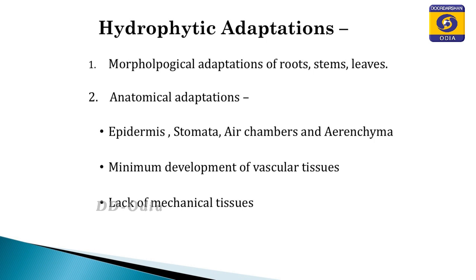We can divide hydrophytic adaptations into three major sections: morphological adaptations, anatomical adaptations or adaptations at the tissue level, and then physiological adaptation. In morphological adaptation, we shall see adaptations in roots, stems as well as leaves.